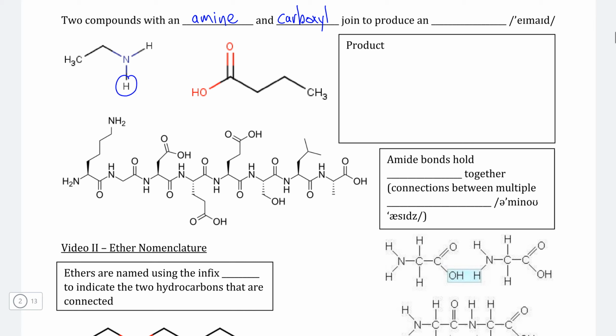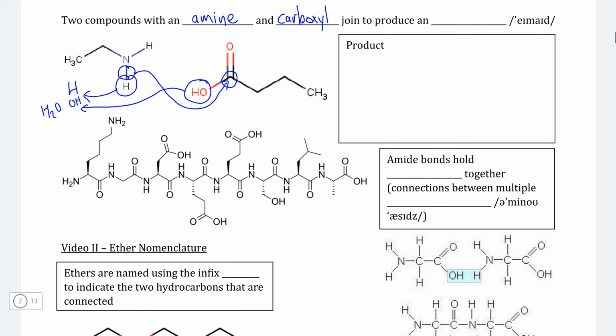So we can remove a hydrogen from the amine because it's impossible to remove an OH because there is no oxygen in an amine functional group, and then we remove the OH from the carboxylic acid here, and there is our dehydration component of the dehydration synthesis, and then we take the electrons that now are missing from the hydrogen here and simply reconnect them with the carbon in the carboxylic acid here.